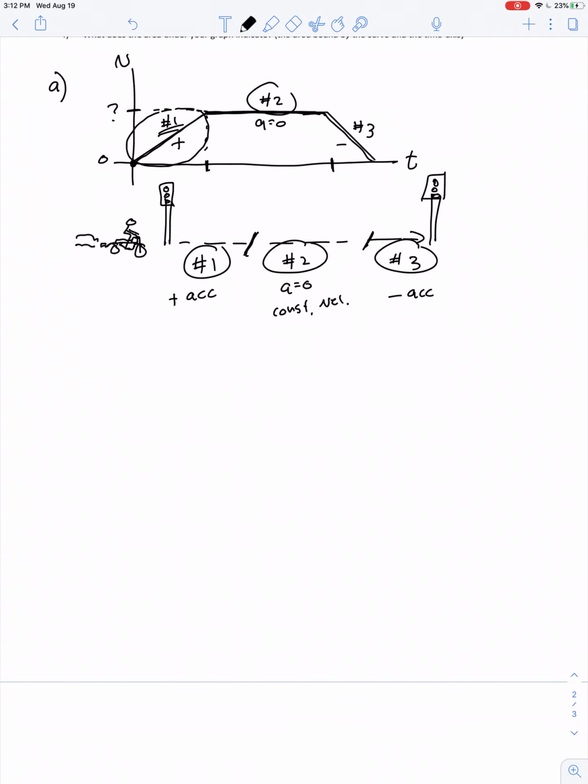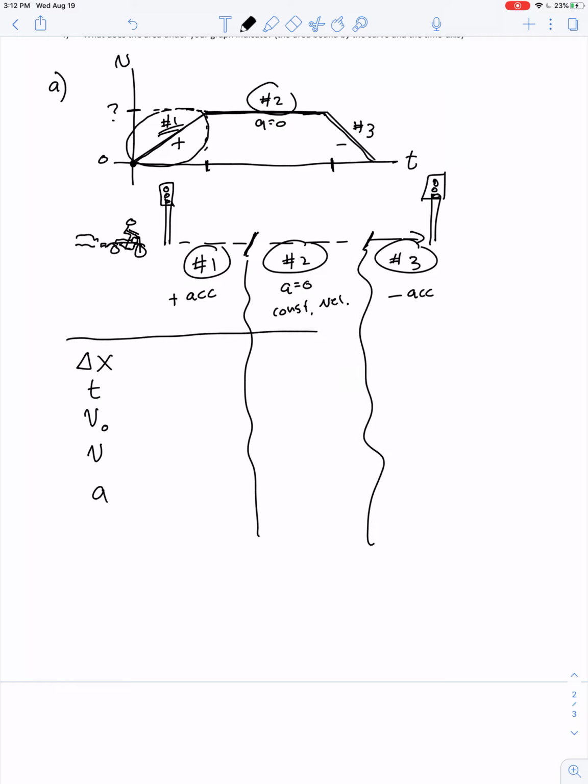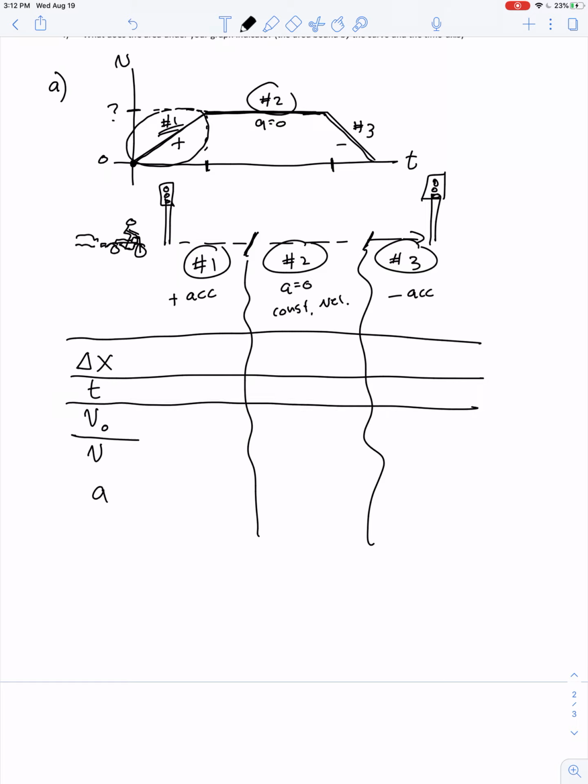So let's make the typical list that we have: displacement, time, initial velocity, final velocity, and acceleration, and then let's graphically organize and see if we can identify what these quantities are in each of the 3 intervals as a separate problem.